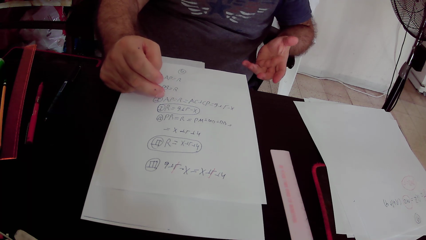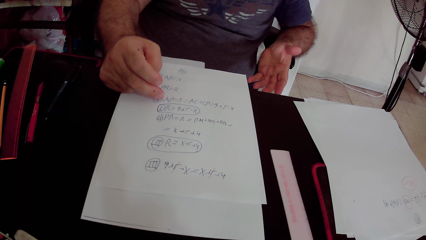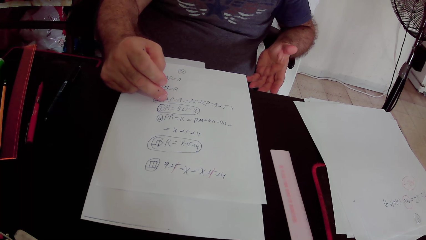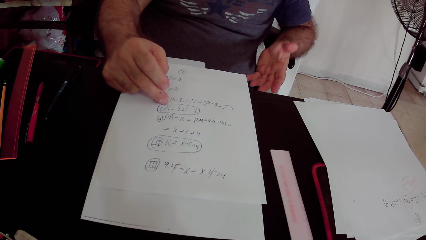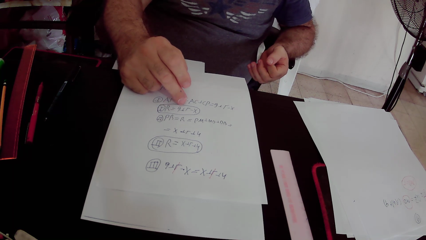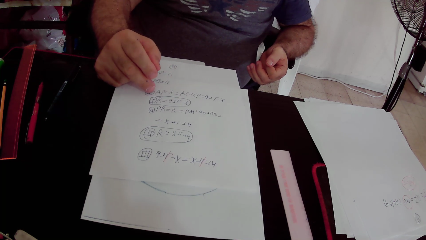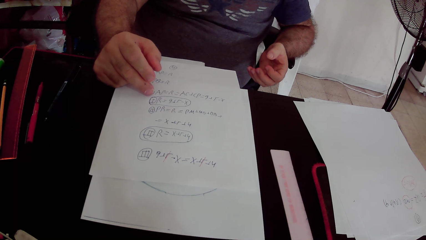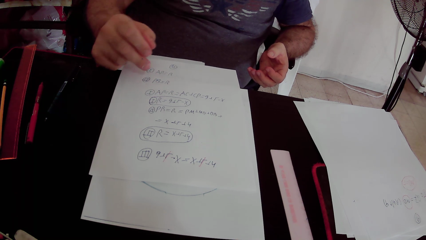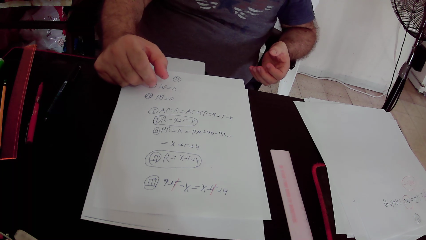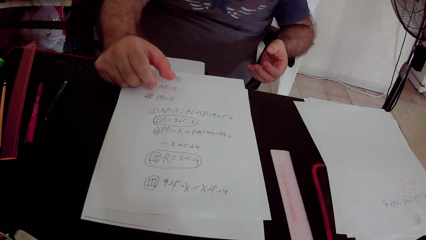So capital R equals 9 plus small r minus x. Okay, so this is the first expression for the radius of the big circle, and then we have the second expression for the radius of the big circle, that is PB equals capital R.